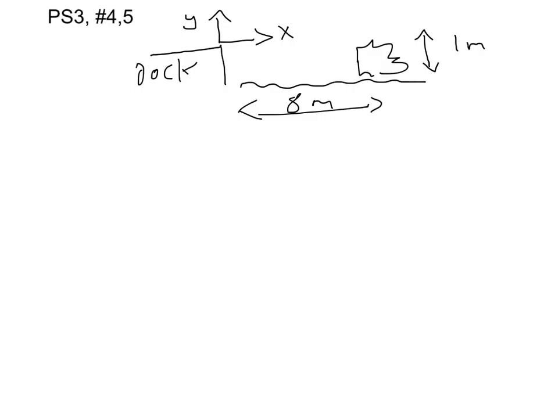Now we can write out all of our known quantities. The horizontal displacement in the x direction is equal to 8 meters. The vertical displacement in the y direction is equal to minus 1 meter, because it's traveling down from the origin at the dock to the water.